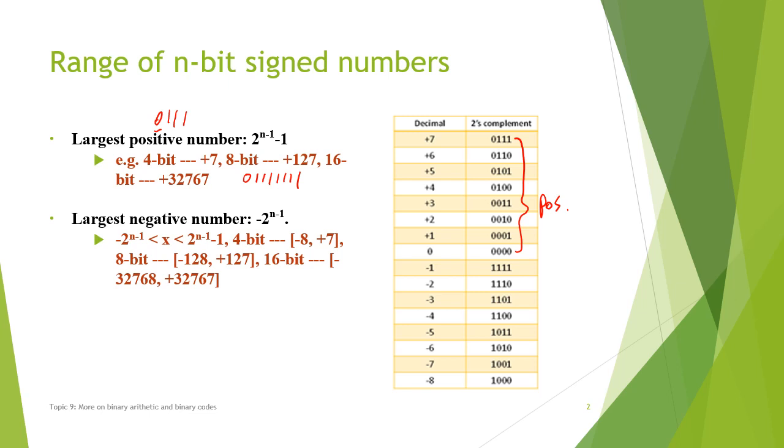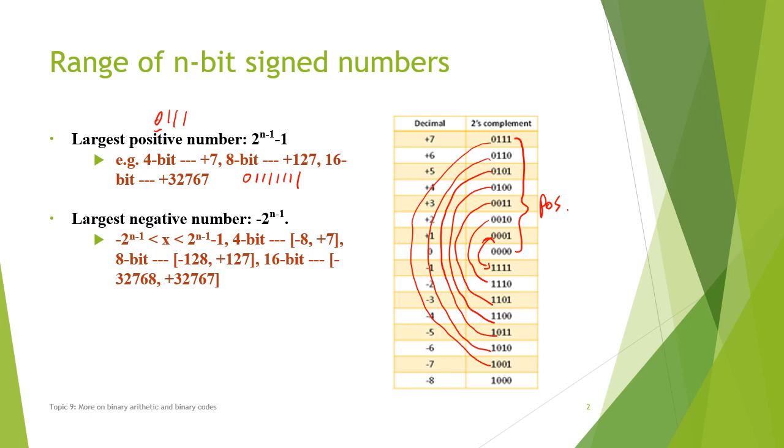If we find the corresponding negative number for each positive number here, we will match them. So positive 1, negative 1, positive 2, negative 2, positive 3, 4, 5, 6, 7. What you will find is that we have one number left out, and in this case, it's 1000.